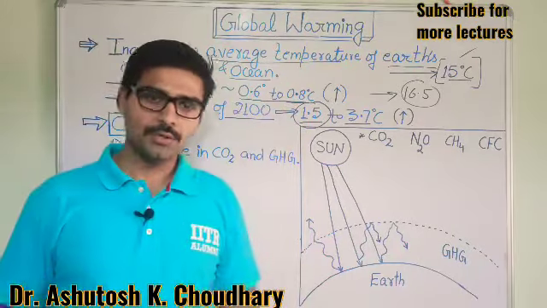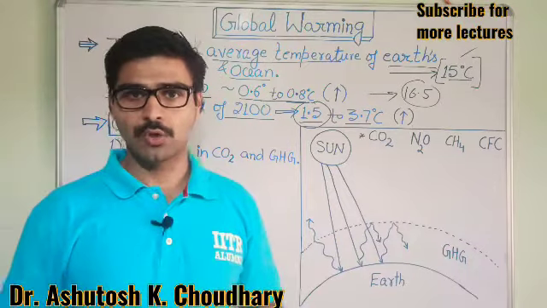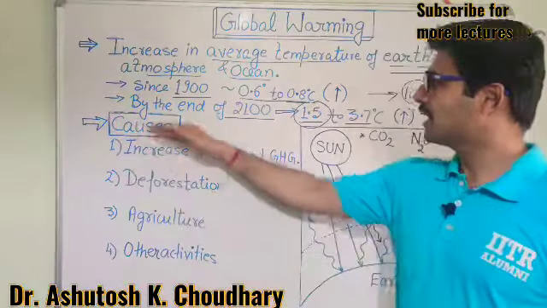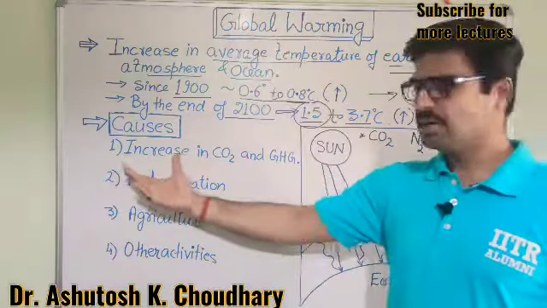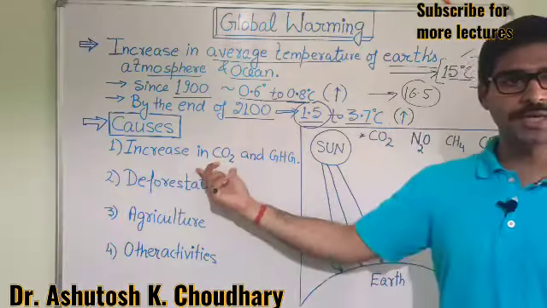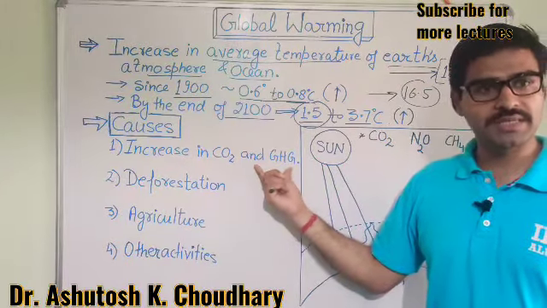Now try to understand why the temperature of Earth is increasing. What are the causes? The major causes behind global warming are, first, the increase in carbon dioxide concentration and other greenhouse gases.